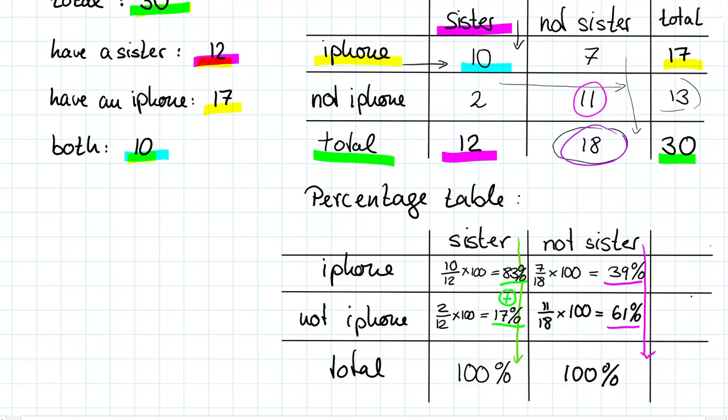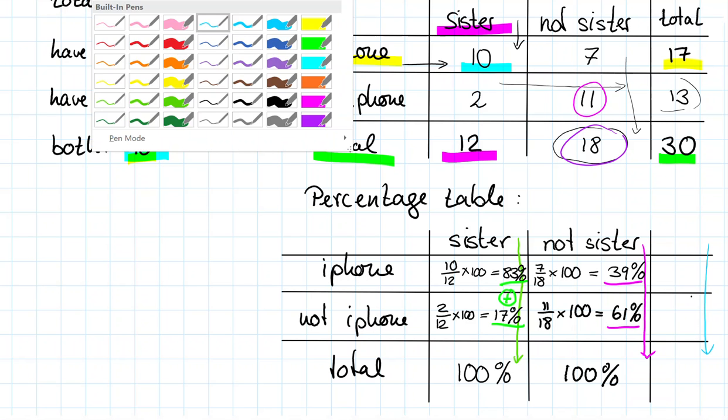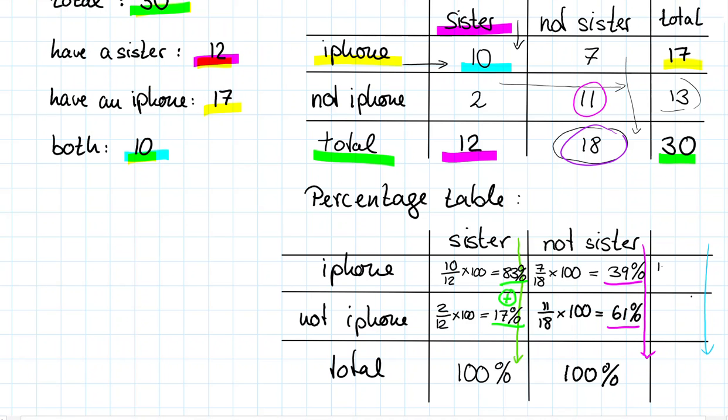We are again working from the top to the bottom. So we're having 17 out of 30 people have an iPhone. So 17 over 30 times 100, and you get a percentage of 57%. That's the total.